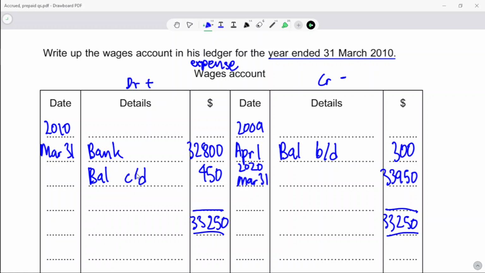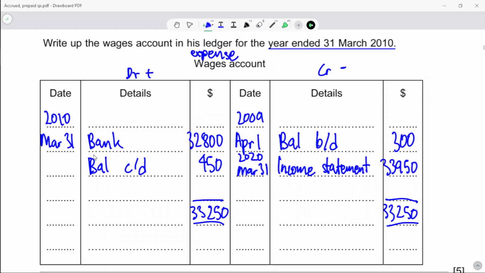So we have balance CD already, so this one will be income statement. This one we need to drop down to 50, to the next day, 2010 April 1.